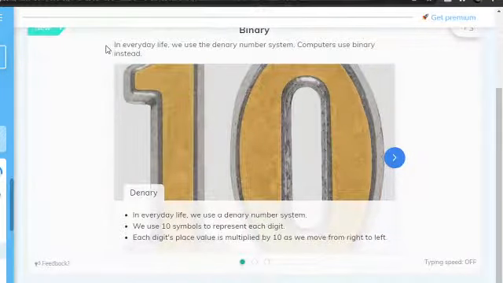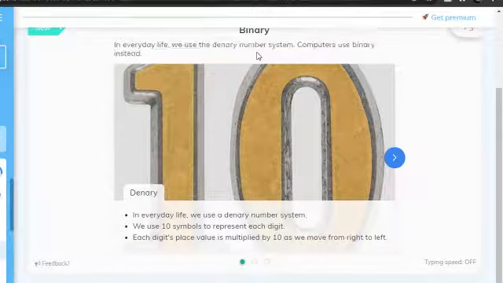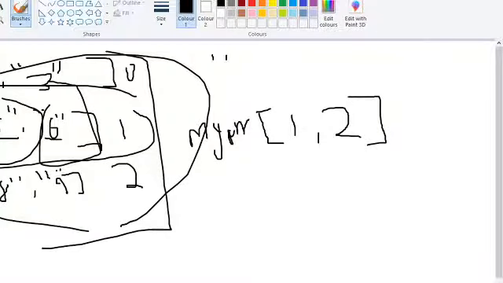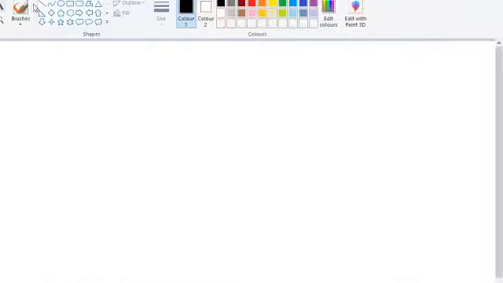So, binary. In everyday life, we use the denary number system, so that is 1, 2, 3, 4, and so on. Computers use binary instead. Binary is sets of 1s and 0s, so I will summarize this because I actually know what's going on here. Binary is either 0 or 1. If there's a 0, that means there is nothing there. If there's a 1, that means there is something there.